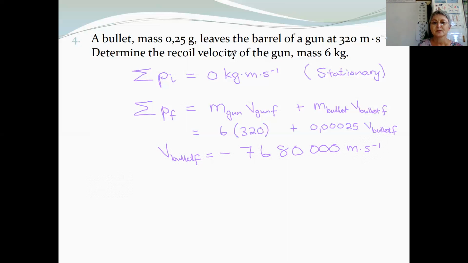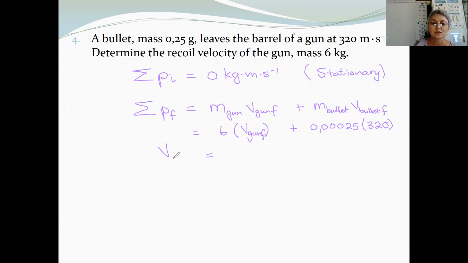I have made a mistake in taking the velocity of the gun as 320. That's the mistake. All right, that will work out now. Sorry for my mistake. This is the gun's final velocity that we don't know. The bullet's velocity is 320.